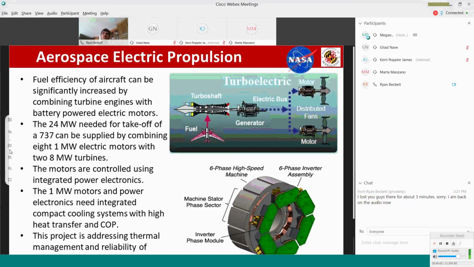So there's a lot of interest in electric propulsion, all the way from air taxis to large-scale aircraft, and all the thermal and reliability aspects that come to bear in doing such a system.